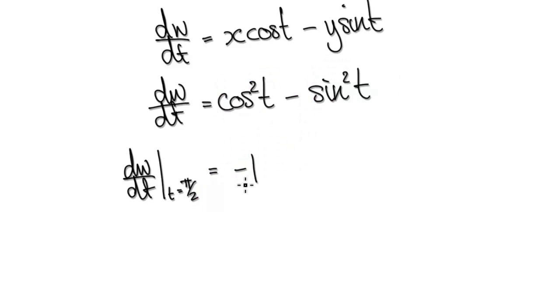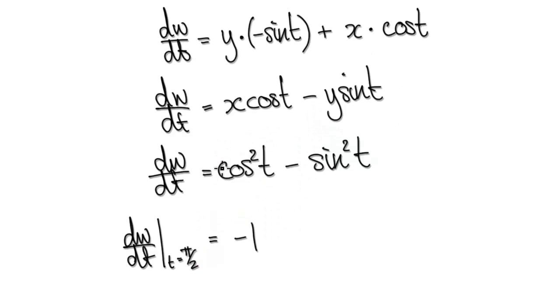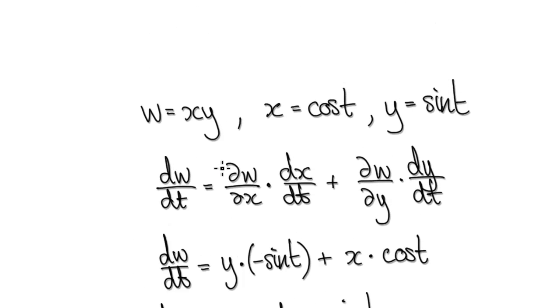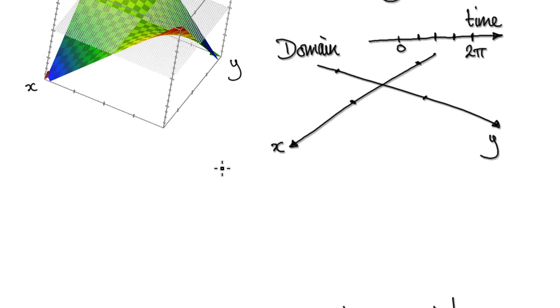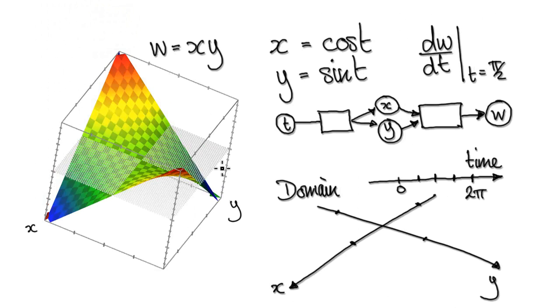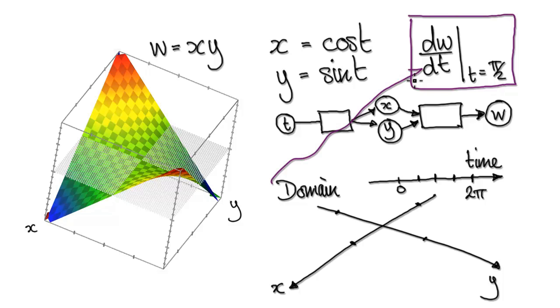Okay? So at this stage, I'm just asking you to blindly compute dw by dt. We don't know what it means yet, but over time I will give you more examples, and hopefully you will understand the meaning of dw by dt.